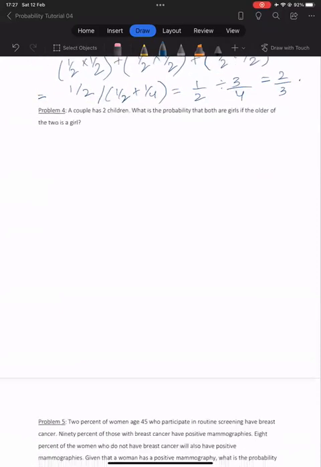A couple has two children. What is the probability that both are girls if the older of the two is a girl? ठीक है. Both girl. Given that the older one is a girl, so this one can be a boy or a girl.